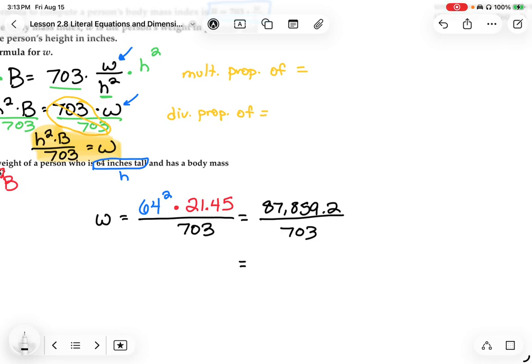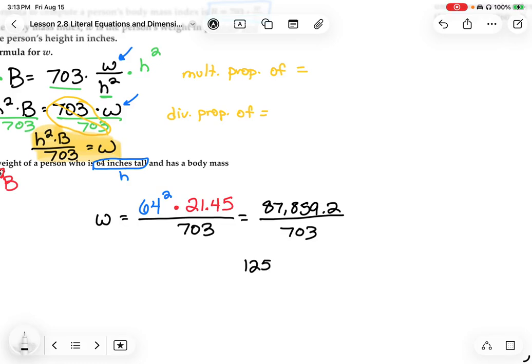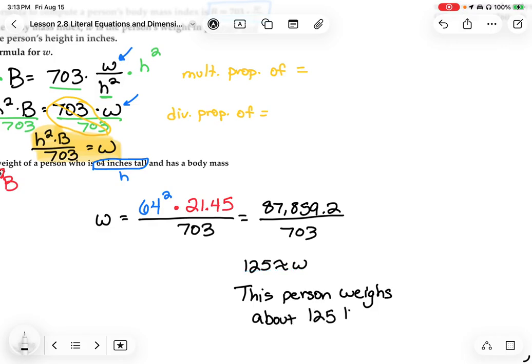And that is about 125. So we would say this person weighs about 125 pounds.